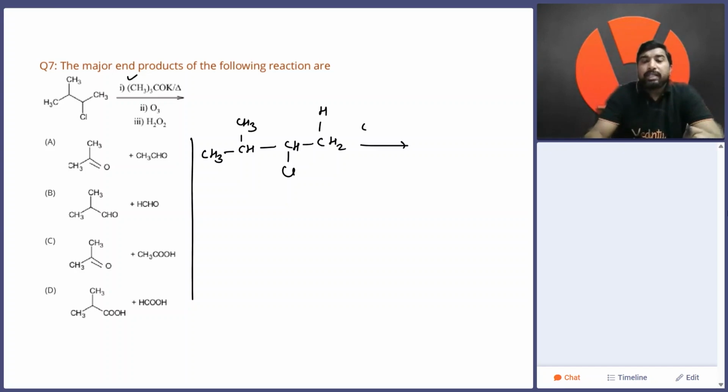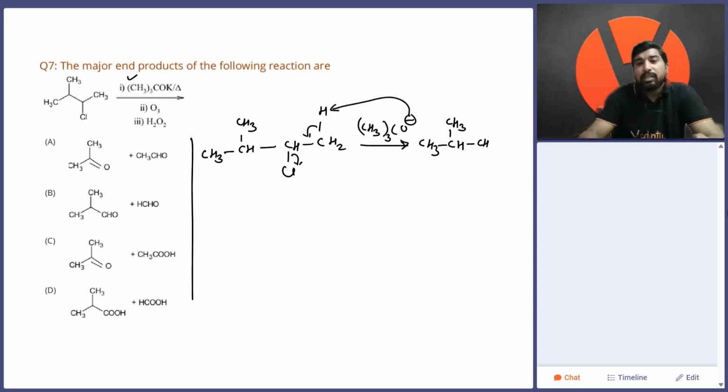Tertiary butoxide, that is (CH3)3CO minus. It is a bulky base, so it will abstract the hydrogen from the side carbon atom, because it is bulky in nature. So this bond will break and this will leave. So what should be the product? CH3CH2... that should be CH3 and CH double bond CH2.